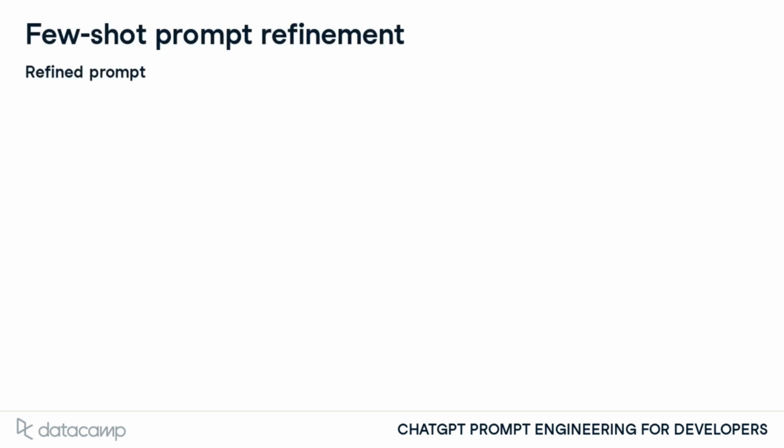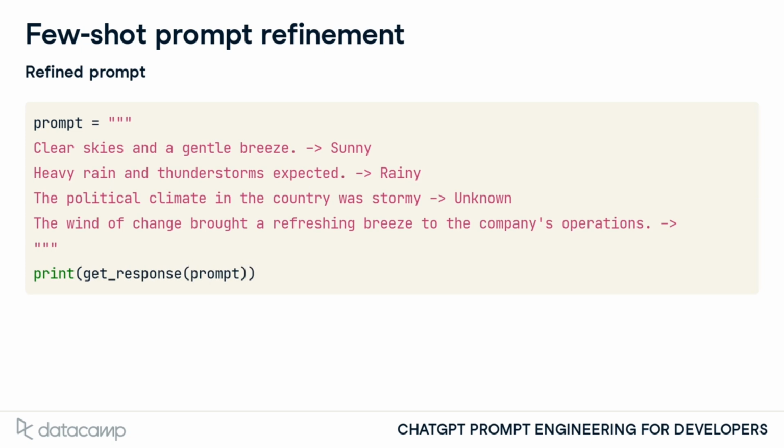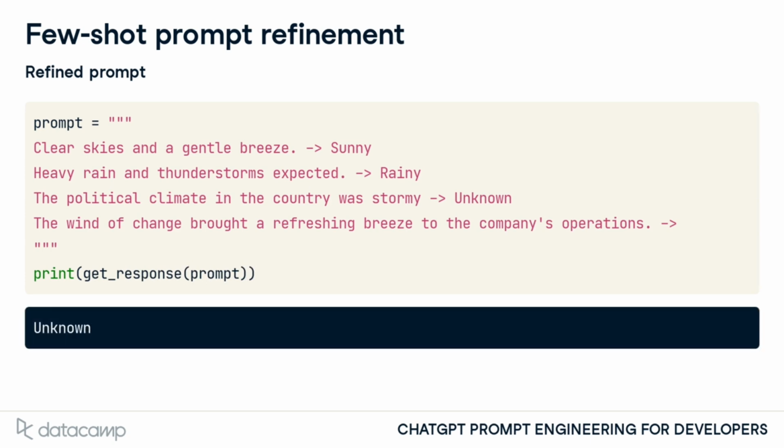To refine the few-shot prompt, we refine its examples. In this case, we add one example stating the political climate in the country was stormy and assign it to the class unknown. The model correctly classifies the previous description as unknown. It's been provided with enough information to classify such cases.